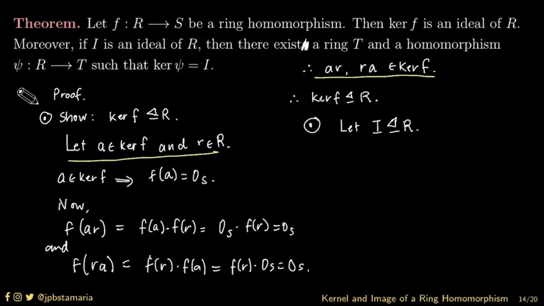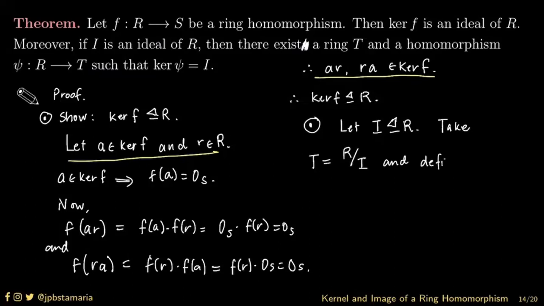Yun yung mga magiging elements ng bagong ring mo. Ang gagawin ko dito, yung T, gagawin kong R modulo I, which is a ring. We know that this is well defined because I is an ideal. Remember yung R modulo I, magiging ring lamang only when I is an ideal. Okay?